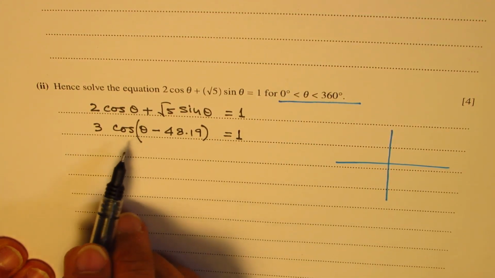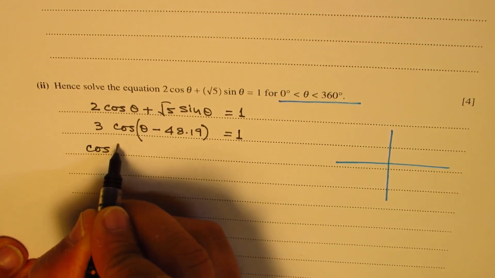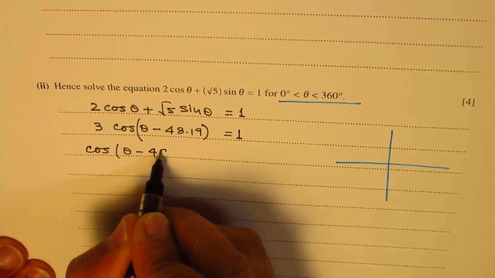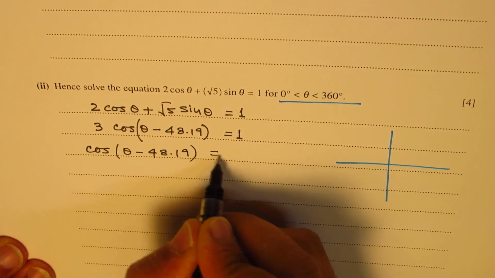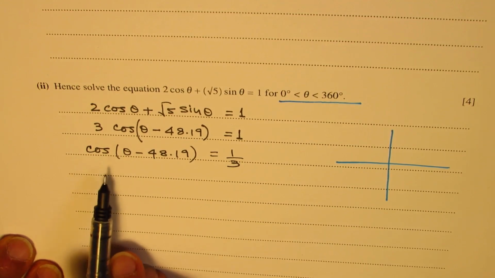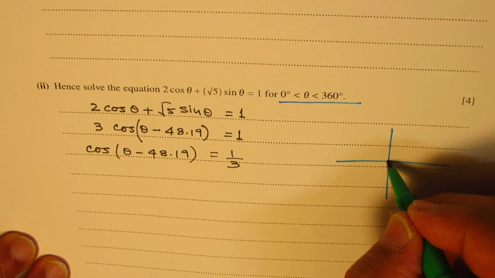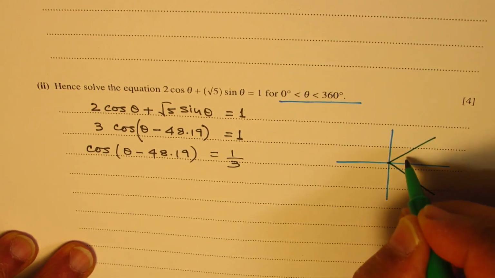But here, let me rewrite this: we have cos of theta minus 48.19 equals 1 over 3. So cosine is positive in two quadrants, so we have two solutions.